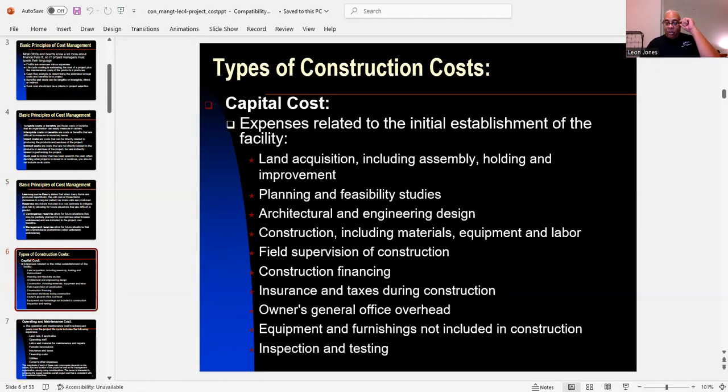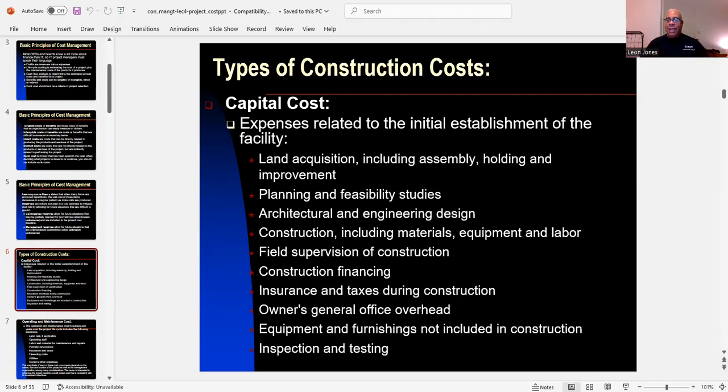Types of construction costs deal with capital costs: expenses related to the initial establishment of the facility. What is involved with that?